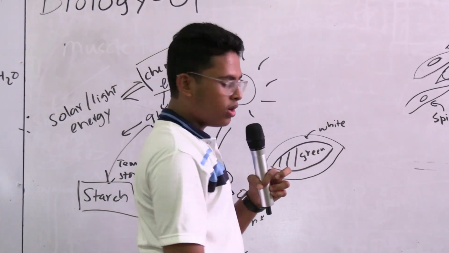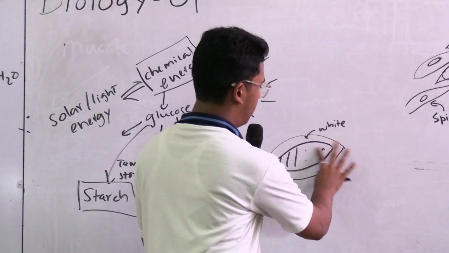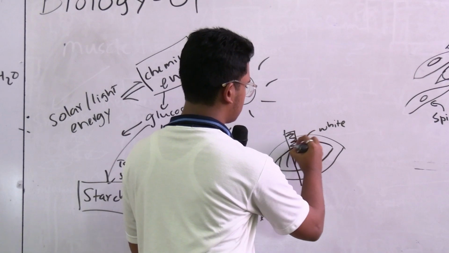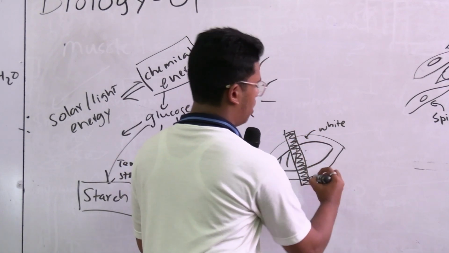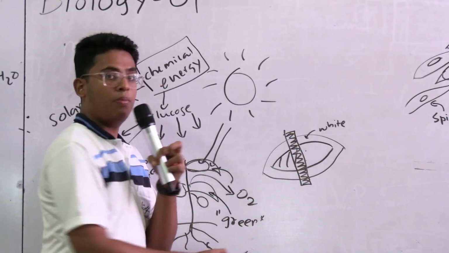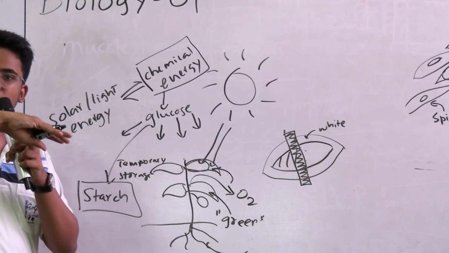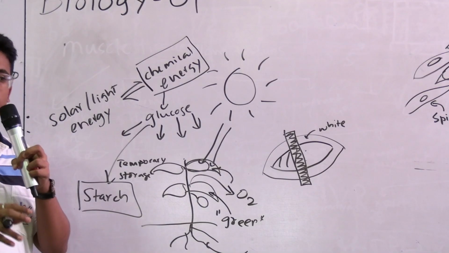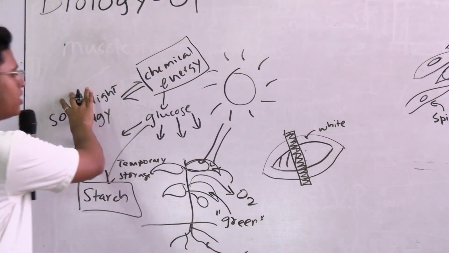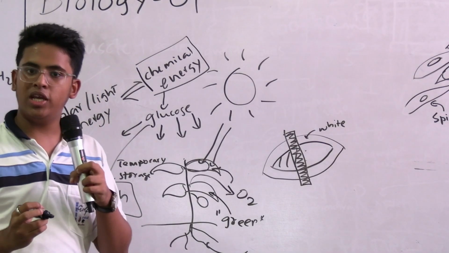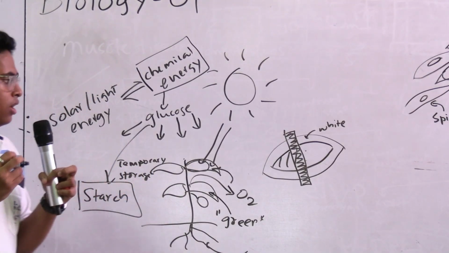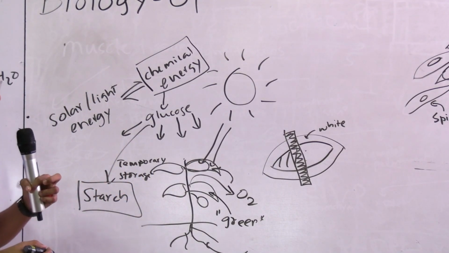But now you are also covering it with a black sheet. What happens when you cover it with a black sheet? Then sunlight cannot hit the plant surface, right? The black sheet will prevent sunlight from reaching the plant cells. When this happens, plant cells cannot absorb the solar energy and that area will not be able to carry out photosynthesis.